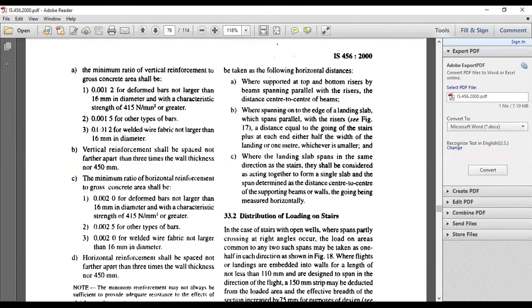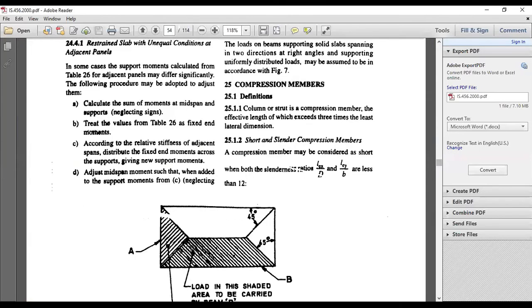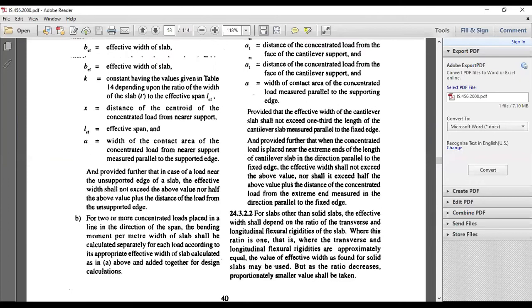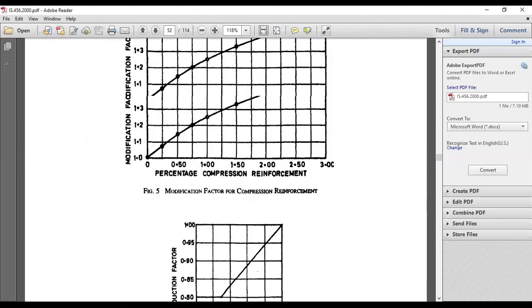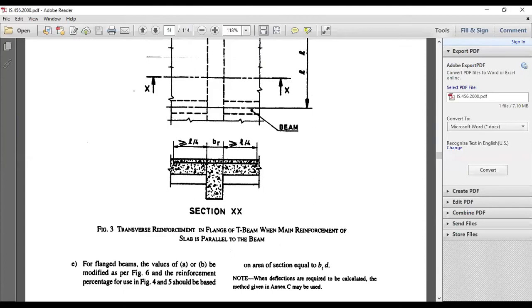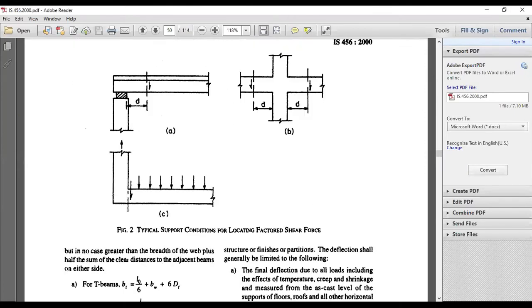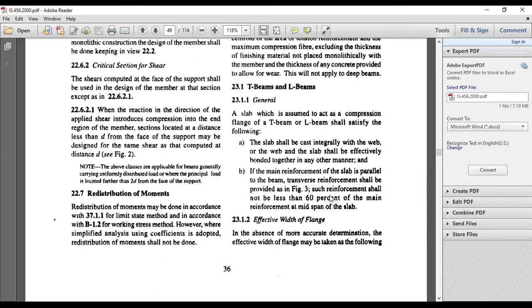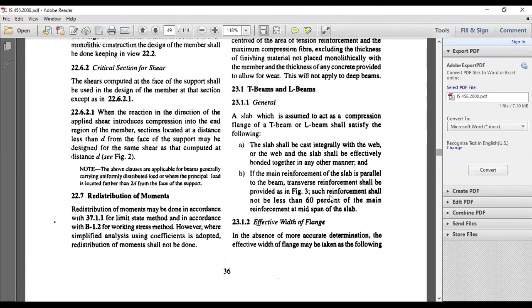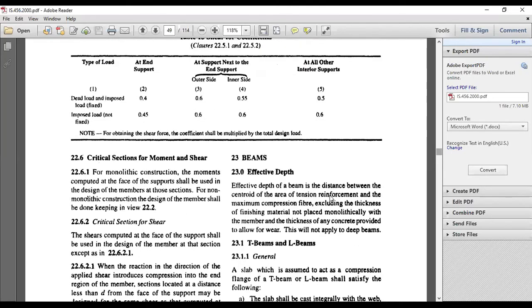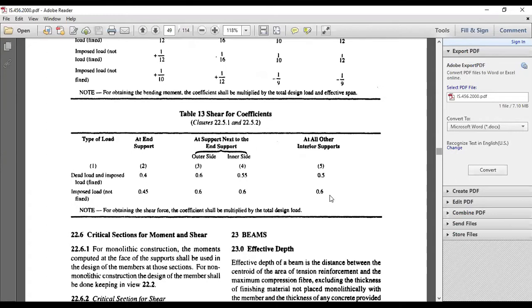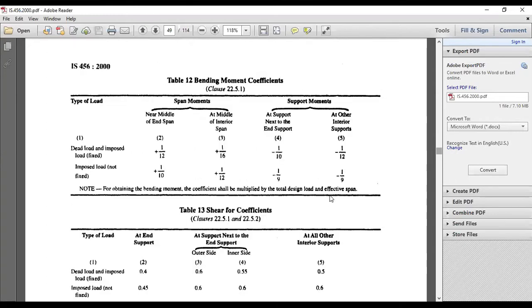We need to look for table number 12. We will read that table and see what is given in it, so it will be easy for you to understand how those coefficients come and how they are taken into consideration. This is page number 36 and this is table number 12.